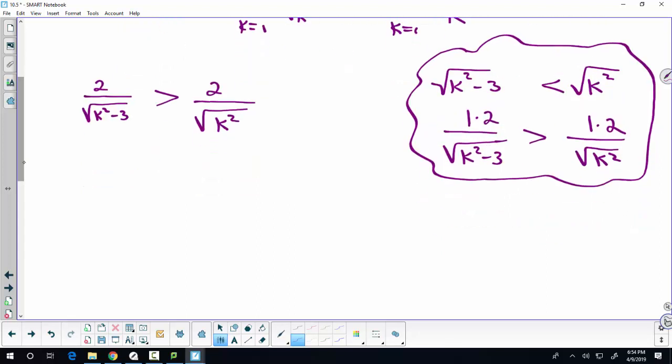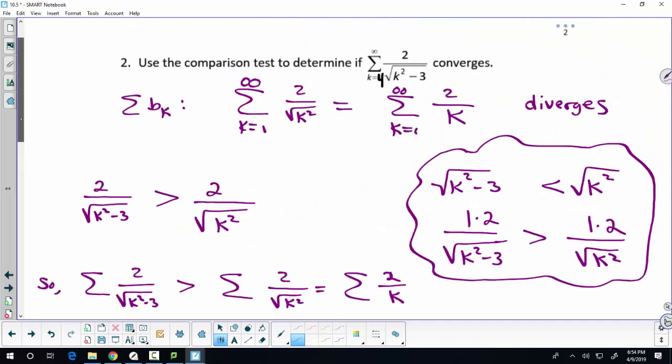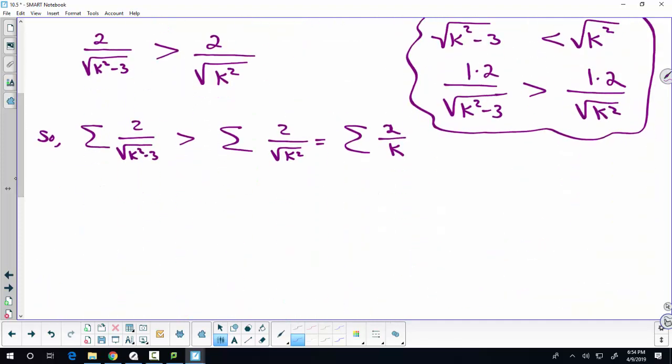Let's write this out. This series is larger than our divergent series, which again is 2 over root k squared, with bounds 4 to infinity. So what does this tell us?